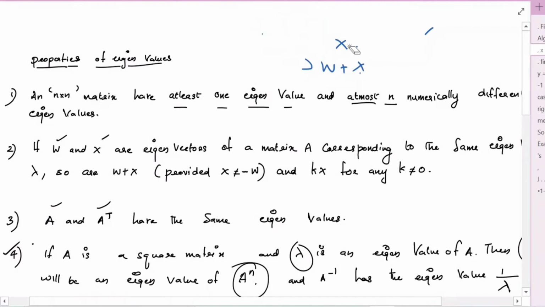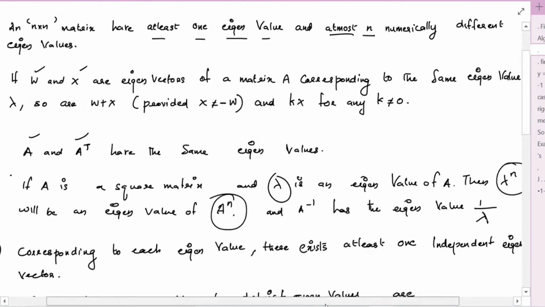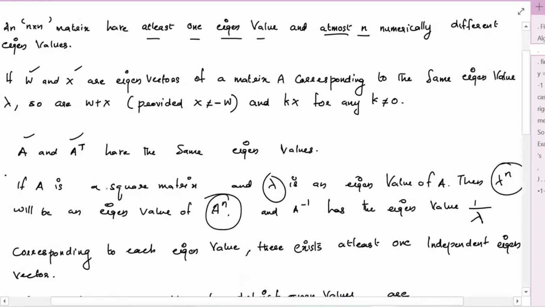And the third property is that A and A transpose have the same set of eigenvalues. And the fourth one is important. If A is a square matrix and lambda is an eigenvalue of A, then lambda power n will be an eigenvalue of A power n, and A inverse has the eigenvalue 1 by lambda.